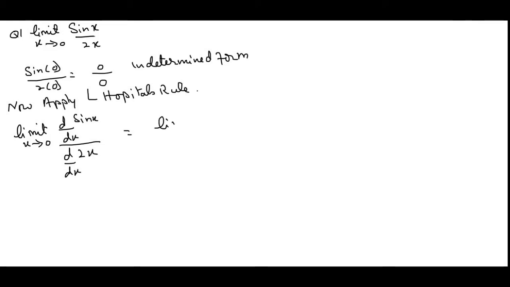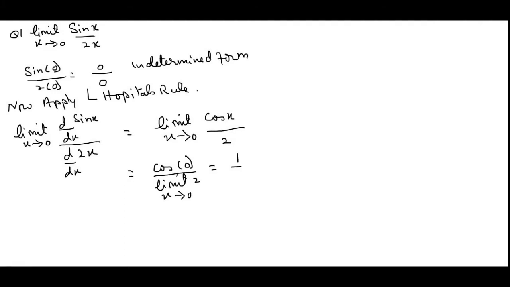We have limit x approaches to 0, and the derivative of sin x is cos x whole divided by 2. Now apply the limit, we get cos 0 divided by 2. So 2 is a constant, so the limit will remain the same, and the trigonometric value of cos 0 is 1, over 2. This is our answer.